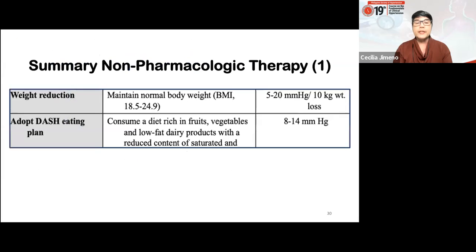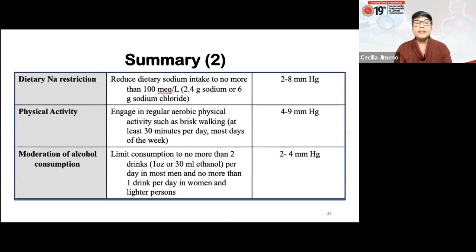Just to show you the effects of the non-pharmacologic therapy, weight reduction can lead to 5 to 20 millimeter mercury for every 10 kilogram weight loss. Adapting the DASH diet leads to a BP drop of 8 to 14, and restriction of salt in the diet around 2 to 8 millimeter mercury.